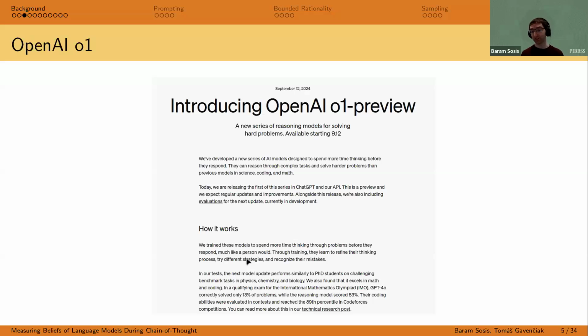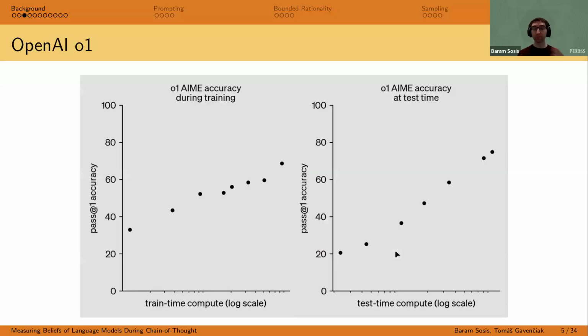Essentially, I think what they did is took a model, had it go through chain of thought to solve various problems, and stuck that in a reinforcement learning loop so that it improves its ability to perform chain of thought and solve problems. It's designed to work through problems at runtime. They show here that you can improve performance both by scaling up the train time compute, but also the runtime compute, that is, how much time it spends working through the problems.